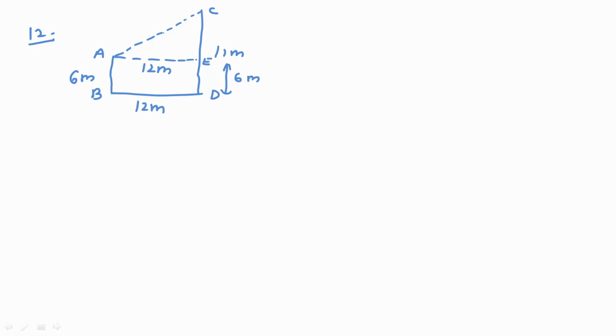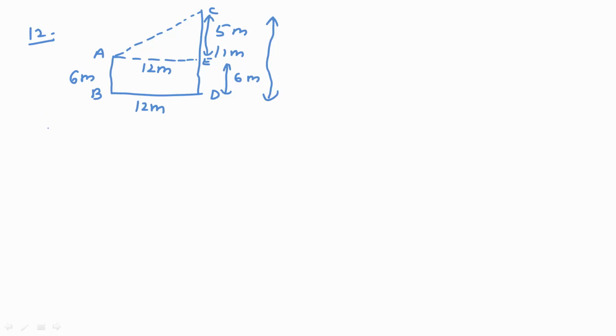So the value of CE will be 11 minus 6, where 11 is the whole length of the pole CD. So CE is 5 meter. We need to find the value of AC.